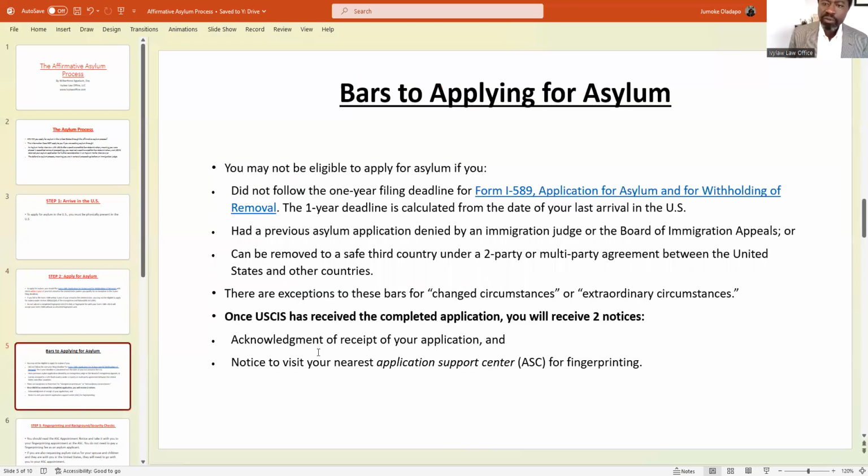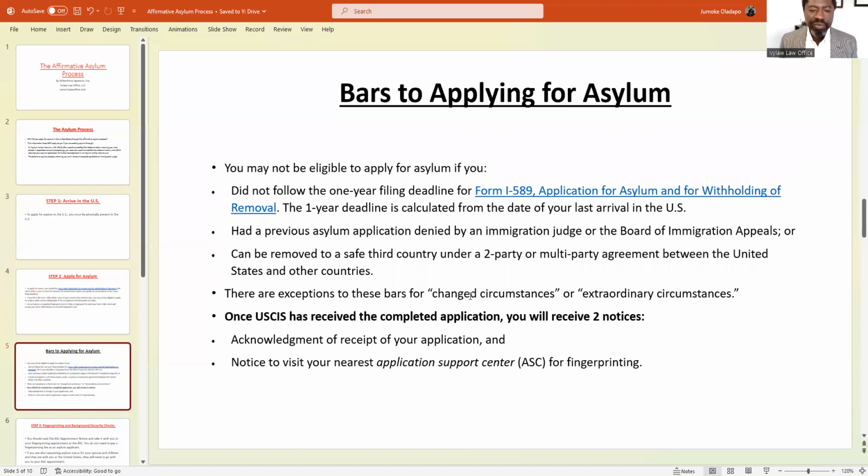Bars to applying for asylum, meaning you are not eligible to apply for asylum. You may not be eligible to apply for asylum if you did not follow the 1 year filing deadline for Form I-589. The 1 year deadline is calculated from the date of your last arrival in the United States.